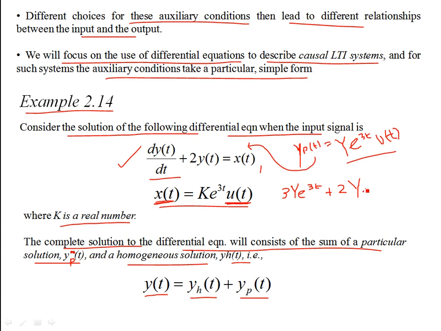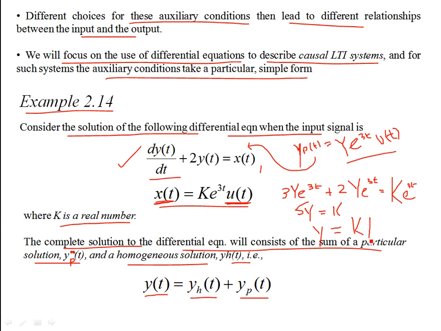The e^{3t} u(t) is there on both the left hand side and the right hand side of the equation, so let's not write it down. The right hand side is x(t), which is k e^{3t}. Now it's very easy to see that 5Y is k, or Y in terms of k is k by 5.